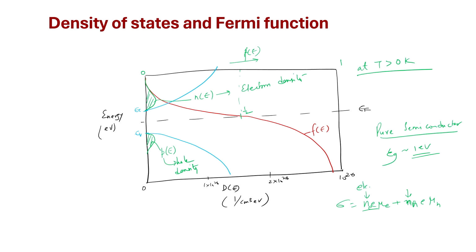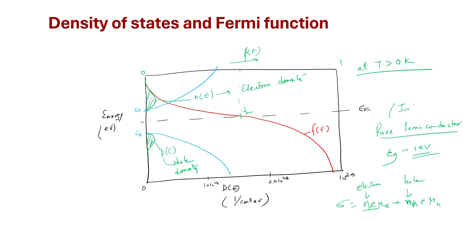This is your electron density, this is your hole density, and we can calculate the total conductivity for this semiconductor, which is called an intrinsic semiconductor. Intrinsic meaning pure, and here Ne is equal to Nh.